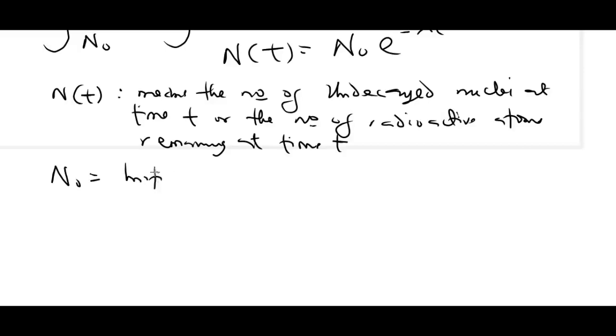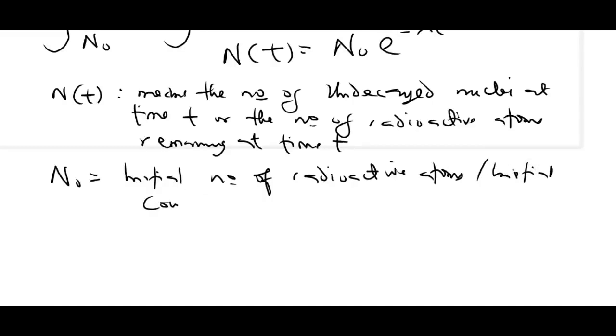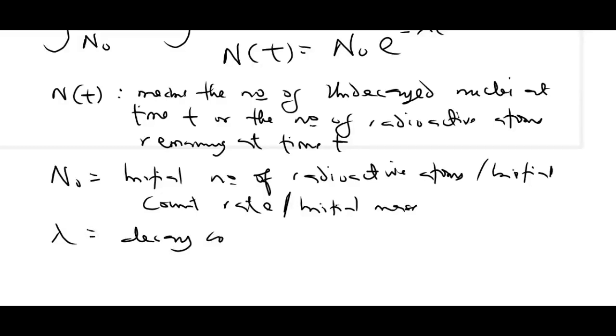N naught is the initial number of radioactive atoms, or you can call it the initial count rate, or you can call it initial mass, and so on and so forth. Our lambda is the decay constant that is specific to the particular isotope, and t, small t, is time elapsed.